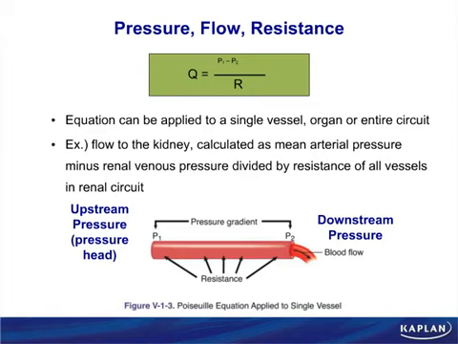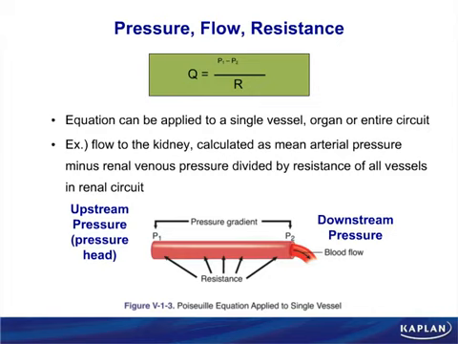For example, if we're looking at flow to the kidney, we would take mean arterial pressure minus renal venous pressure. That's our delta P, upstream minus downstream. Upstream is mean arterial pressure, downstream is venous, and we divide that by the resistance, and that will give us the flow.